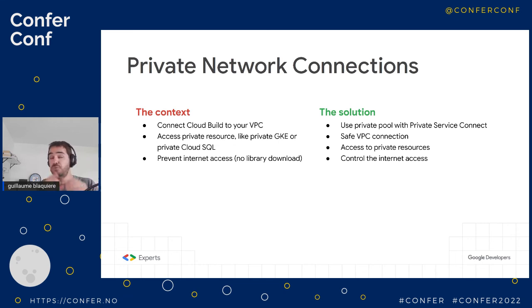It's only dedicated to you. You can perform a safe peering between both. You can access to your private resources, of course, because you have a private access to your VPC. And you can control the internet access, as I said, to prevent some unwanted and uncontrolled downloads.